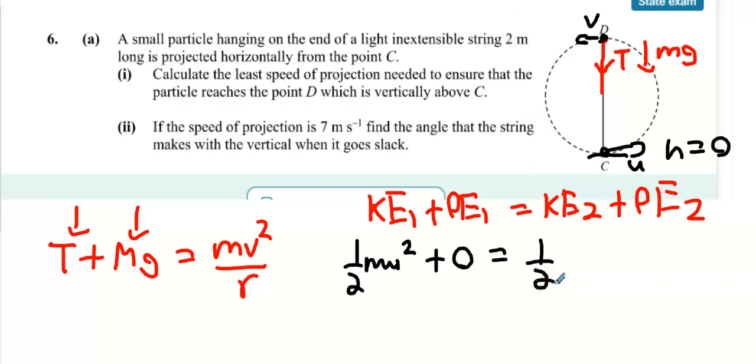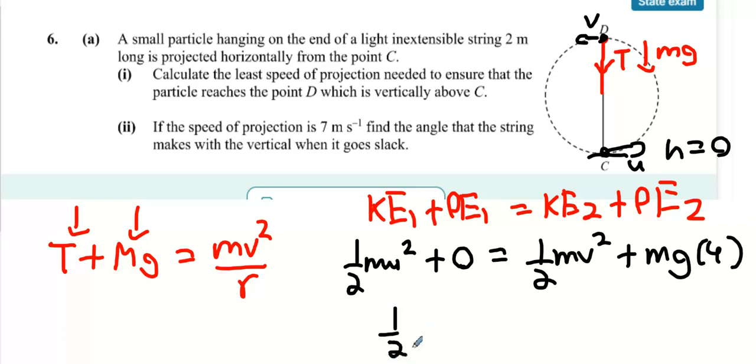A half mv squared, yeah. And what's PE2? Potential energy, mg times h. How high in the air are we at this point? 4 meters. Yeah, it has to be 4 meters. So what I'm going to get here is a half mv squared. I'm going to multiply both sides by 2. Is that okay?